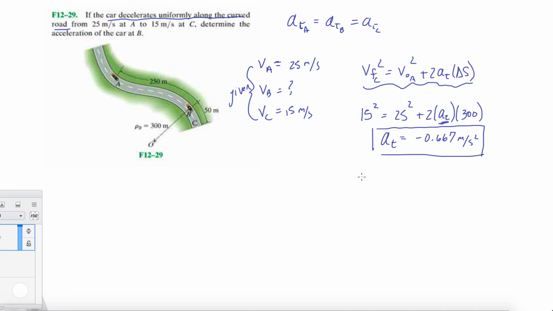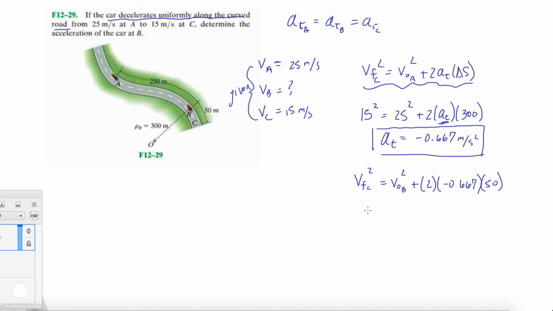So you can say my final velocity at C is equal to my initial velocity at B, which we don't know. But then we know the rest of these things, plus 2 times minus 0.667. And what's the displacement between these two points, B and C? We know it's 50.